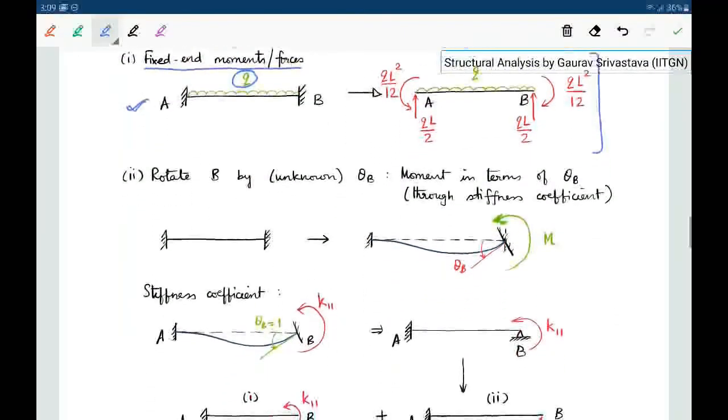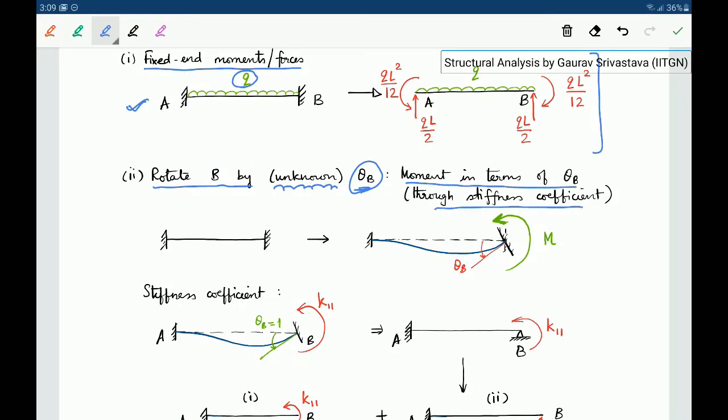Okay. Then we rotate the joint B by an unknown theta B. Okay, and this theta B is the same rotation that the actual structure will have at point B. Okay, and then we try to calculate what is the moment required to generate this theta B, and that moment in terms of the theta B will give the stiffness coefficient.